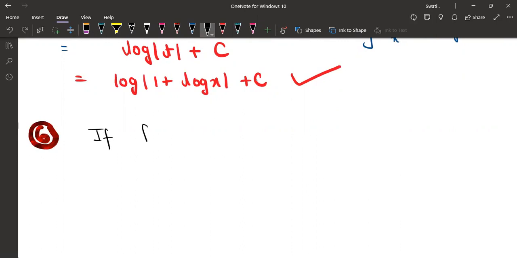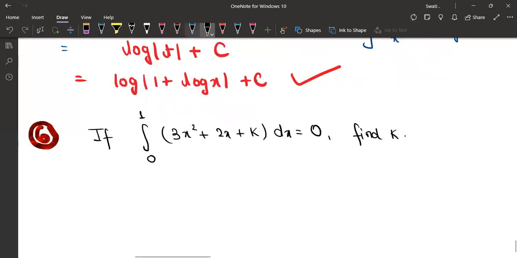So it is given that the definite integration from 0 to 1 of 3x square plus 2x plus k into dx is 0, then we have to find the value of k. It's very simple, okay? Let's solve this now.